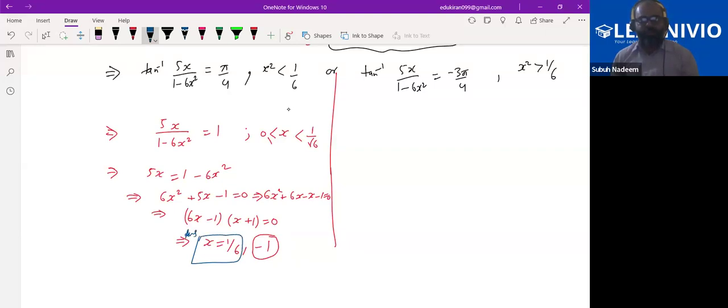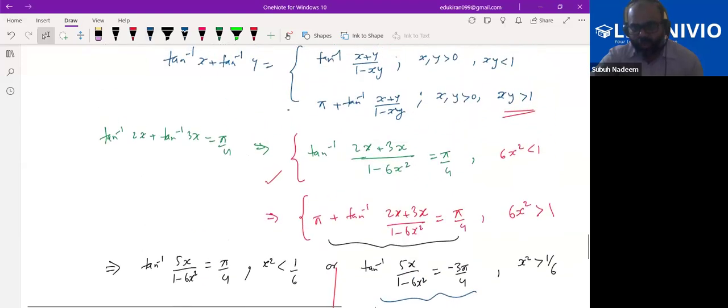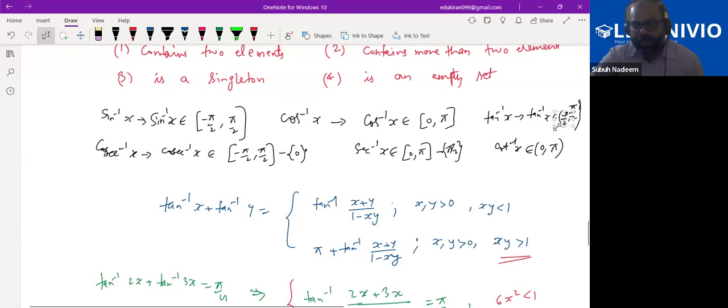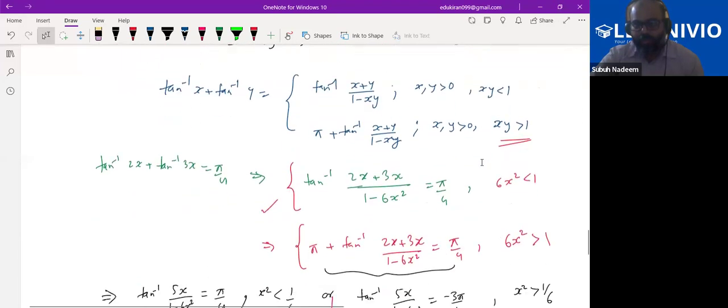This is an answer. Here if we proceed, then tan inverse of 5x by 1 minus 6x square equal to minus 3 pi by 4 is not possible because the principal value of tan inverse, as we just saw here, always lies between minus pi by 2 to pi by 2.